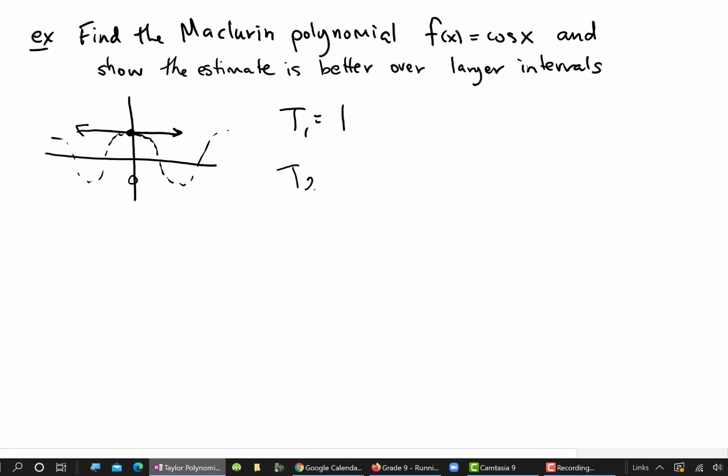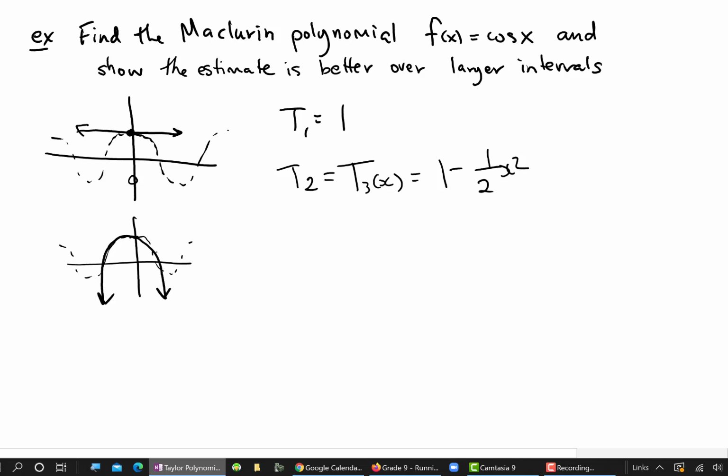If I upgrade this to the Taylor polynomial at 2, it turns out that that's also the same as the Taylor polynomial at 3. You get this calculation, 1 minus 1/2 x squared. So this is a bit of a better approximation. If I just redraw this cosine wave, it now is this downward facing parabola. And so it's a little bit better. It covers a slightly larger region.